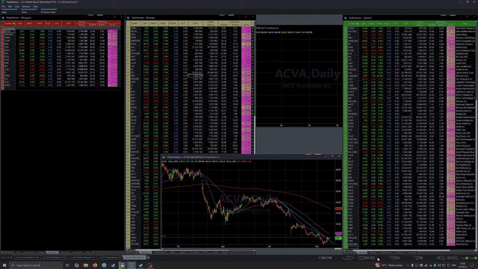Also, it seems to me that stocks in different price ranges behave differently to each other. I don't know how to quantify this, or if it's just my imagination, but it seems to me that stocks in the $5 to $10 range behave differently to stocks in the $20 to $25 range.